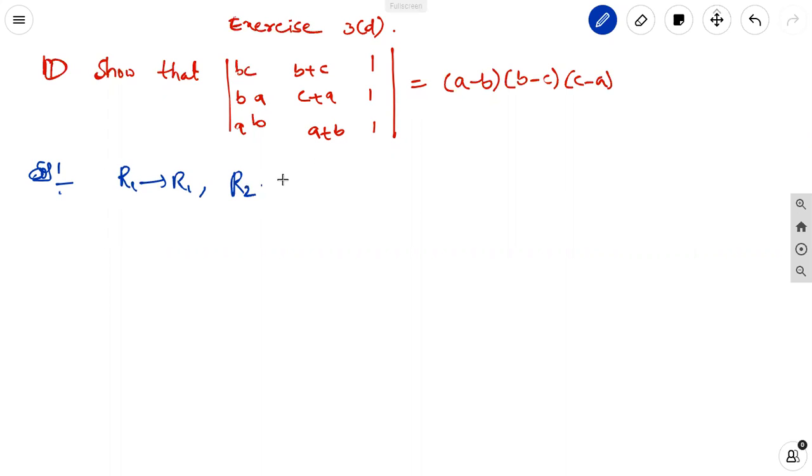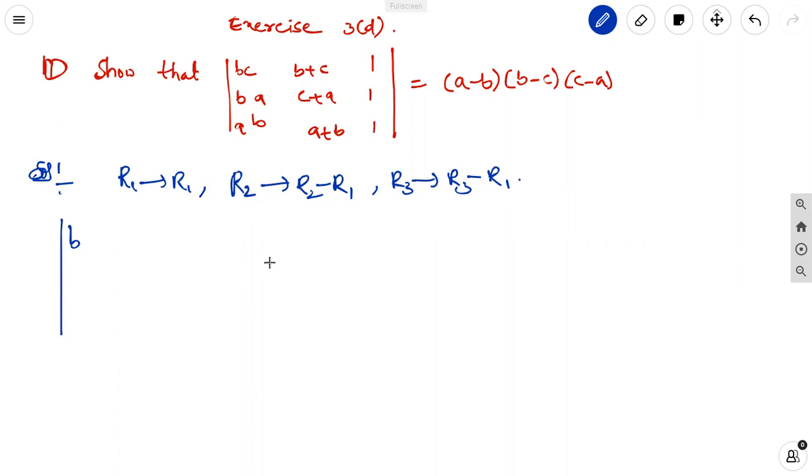That is nothing but R2 into R2 minus R1, R3 into R3 minus R1. You can do the elementary operation with one row only. What you are keeping constant, that is as it is, then you can operate the other two rows with that row only. Okay, now you can check it.